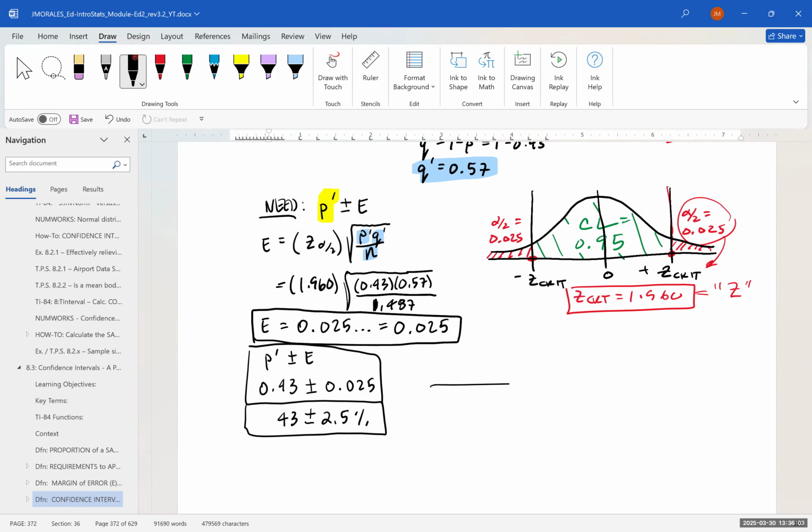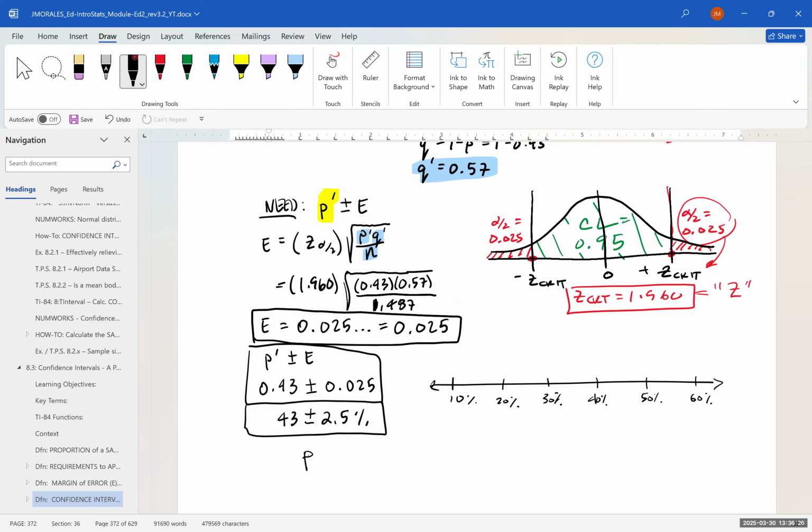And if we're going to put this on a number line, so we've got 10%, 20%, 30%, 40%, 50%, 60%, so on. Then what's this going to be?